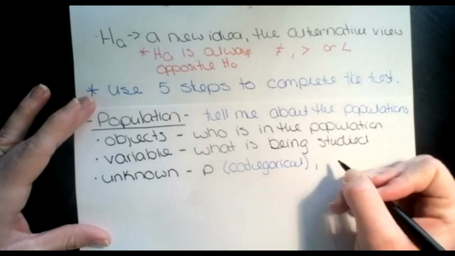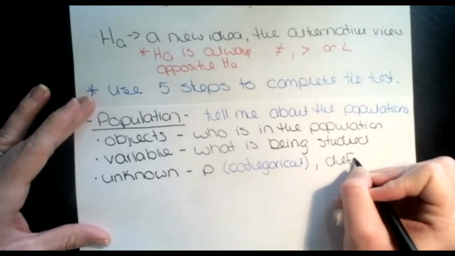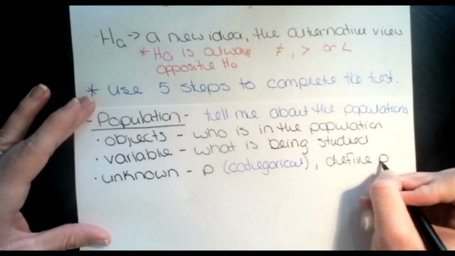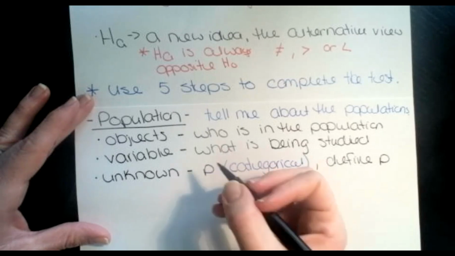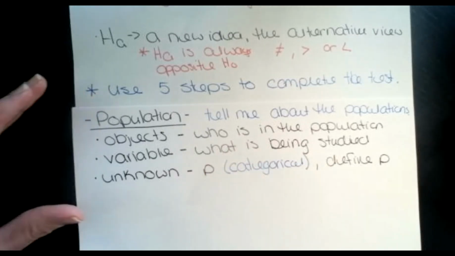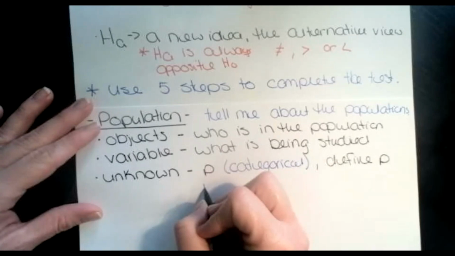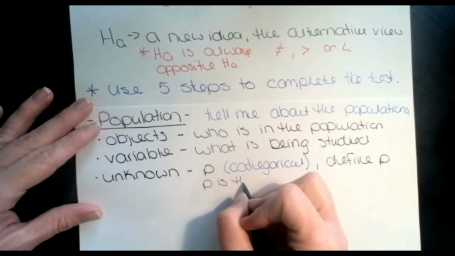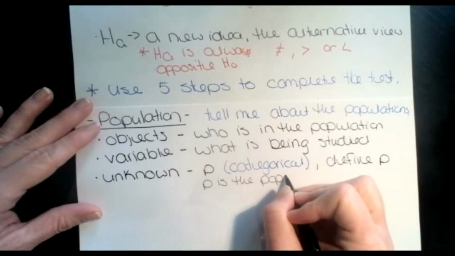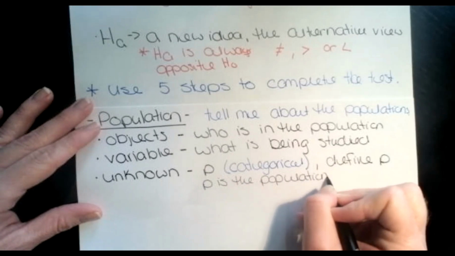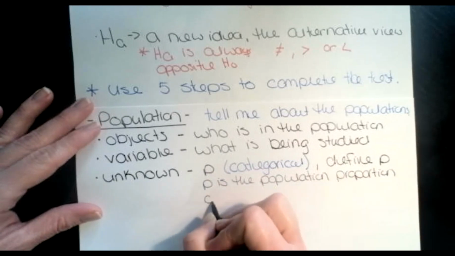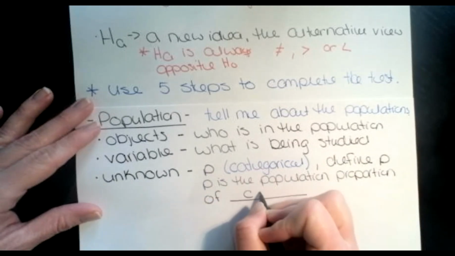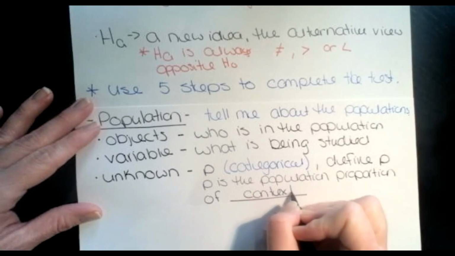And we want to define P here. So I want you to write P out in words. So P is the population proportion of, and then you put your context here, whatever we're studying.